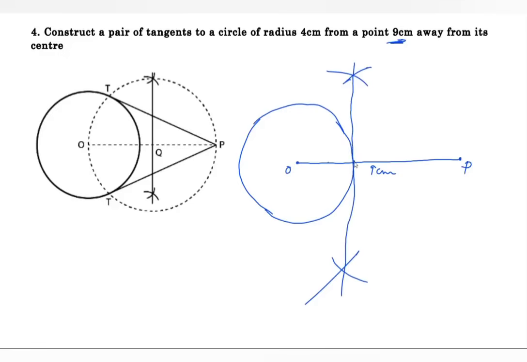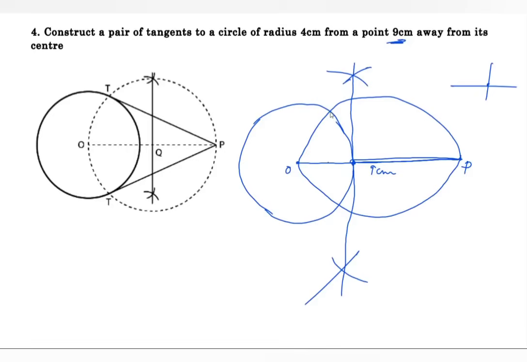After that, taking this as center. Students, what I am doing is the rough figure. You will get the exact construction from this point, that is the intersection point, taking this as the center and this length OP as the radius, draw a circle.